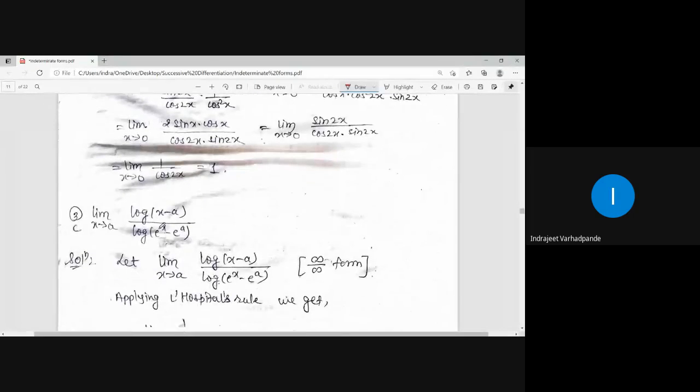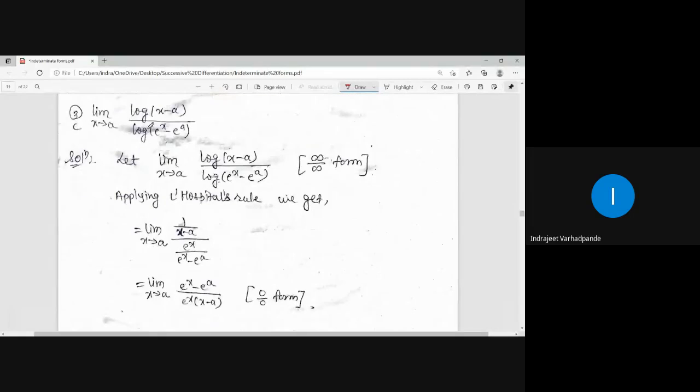Limit of log of x minus a upon log of e to the power x minus e to the power a. Again, if you put the limit x extending to a, x minus a is 0.